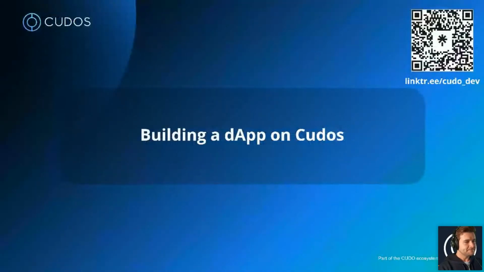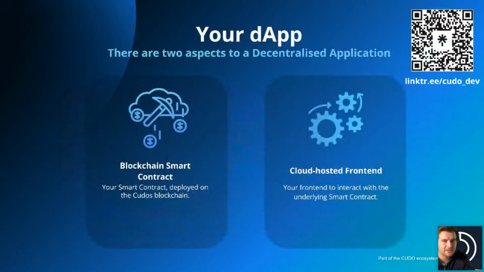What we're doing today is all about building a dApp on Kudos. You would have seen in the last session that you built the smart contract for the underlying blockchain architecture of your decentralized application. A dApp consists of 2 parts, the blockchain smart contract and a front end, in our case a cloud-hosted front end, which I'll be showing you on CudoCompute towards the end of the session.